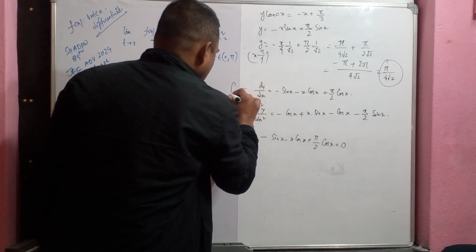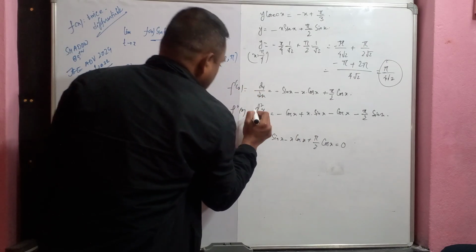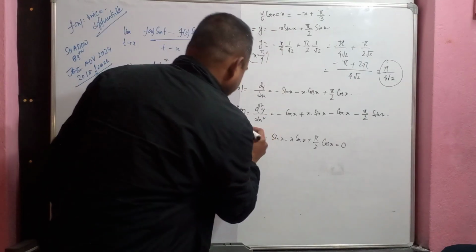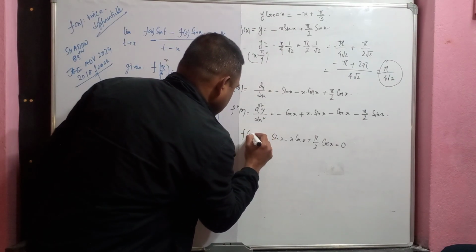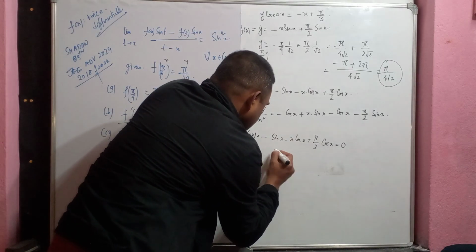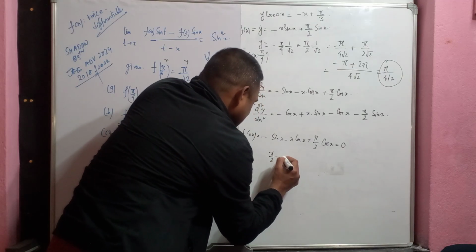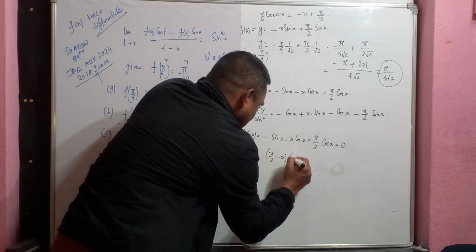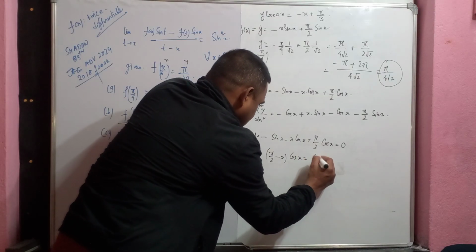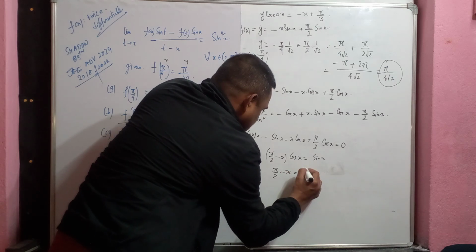You can say this is f dot x, this is f double dot x, and this is your f x. So this is 0, that means pi by 2 minus x cos x is equal to sin x. So pi by 2 minus x is equal to tan x.